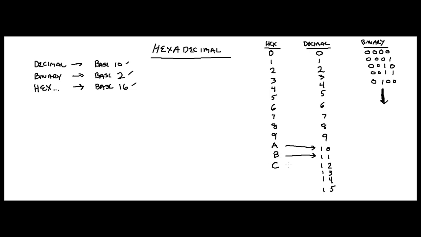Capital letter C maps to 12. Capital letter D, 13, E, 14, F, 15. Let's see this. A, B, C, D, E, F.